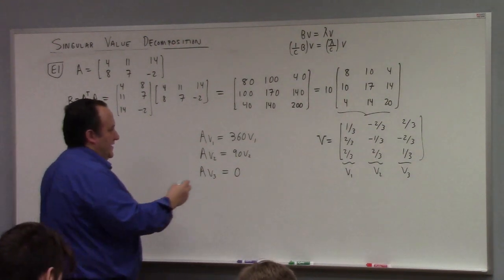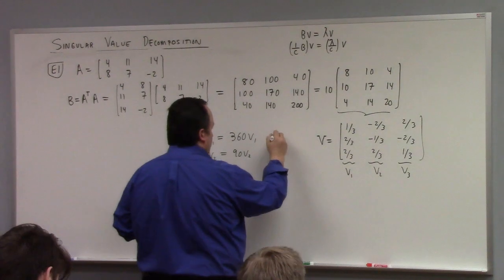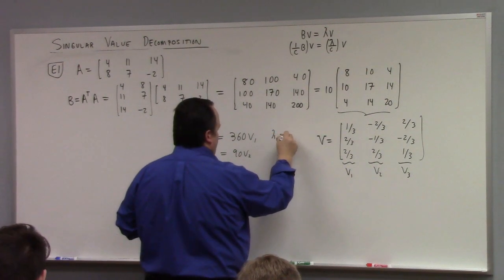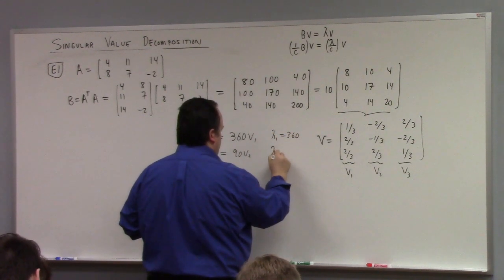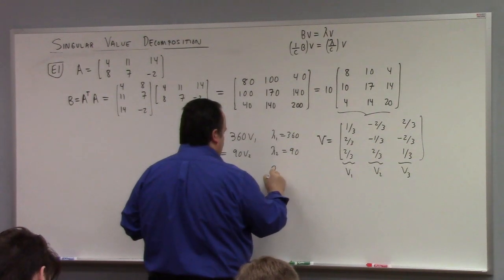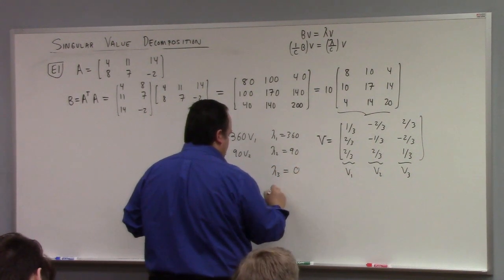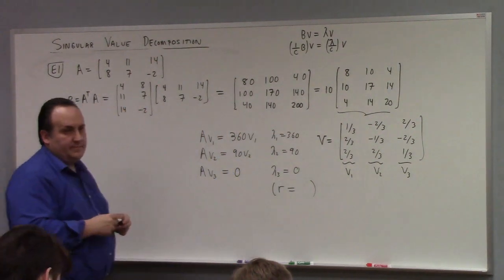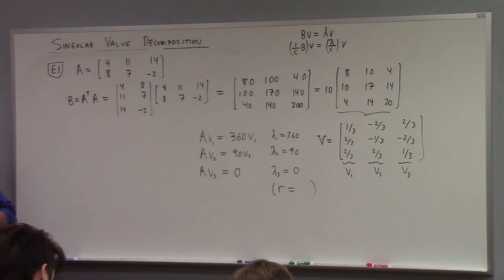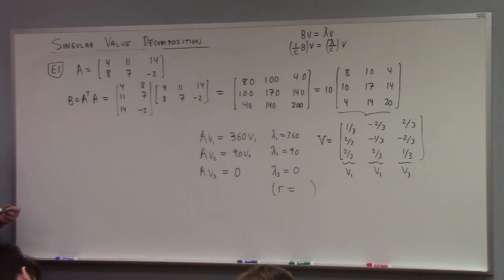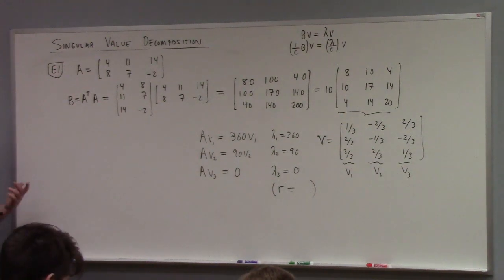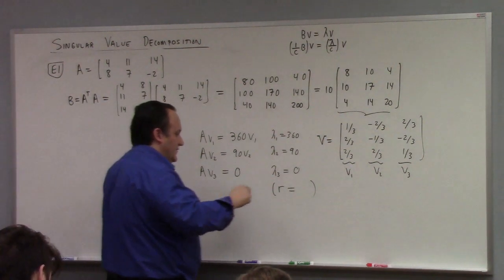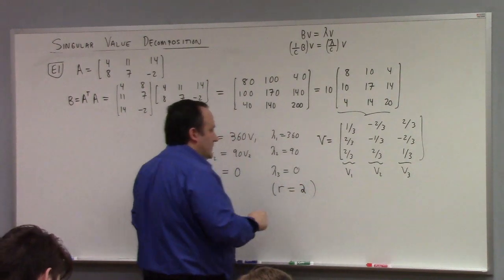So in this case, we have lambda 1 is 360, lambda 2 is 90, and lambda 3 is equal to 0. So my R is equal to what? What's R equal to here? So what's that? 2. Yeah, 2. So I did your homework, guys.